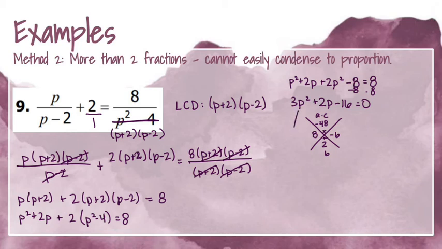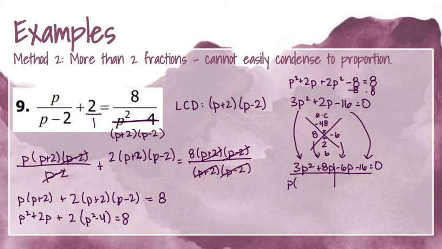Then we bring this term down. We bring this guy down and put a p on it. We use these two terms to split the middle term. So then bring your c term down. Then we split it down the middle and take the greatest common factor of each side. So p times (3p plus 8).